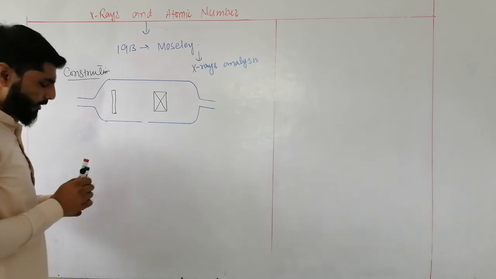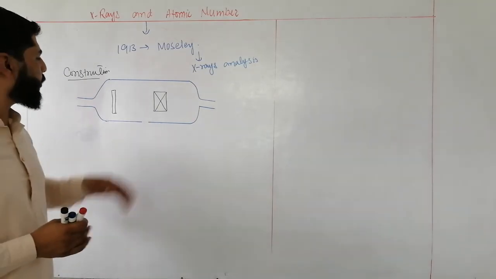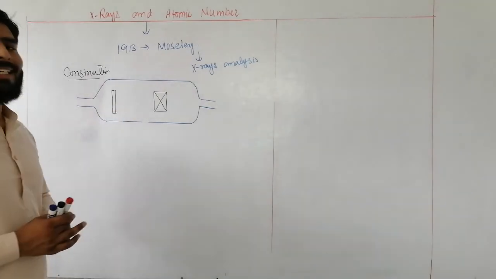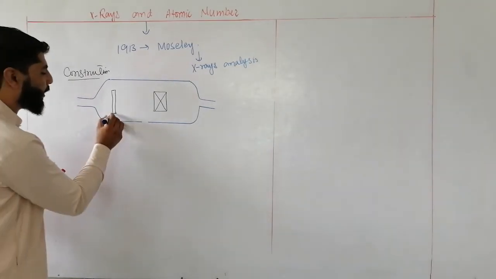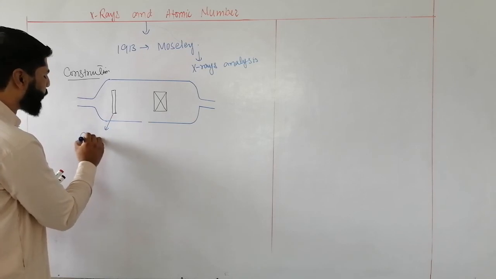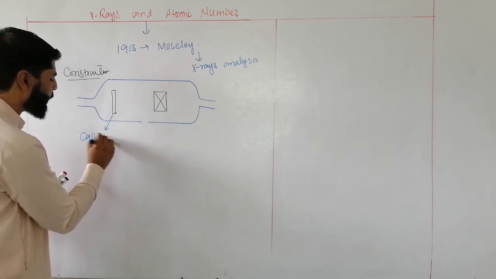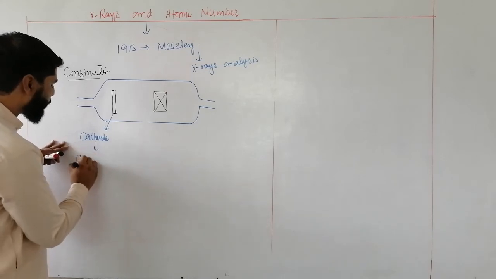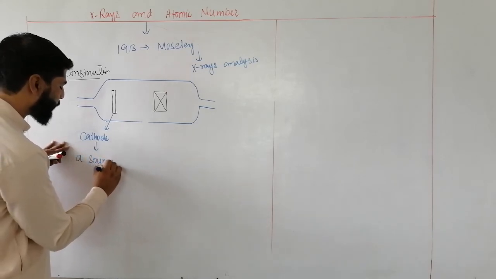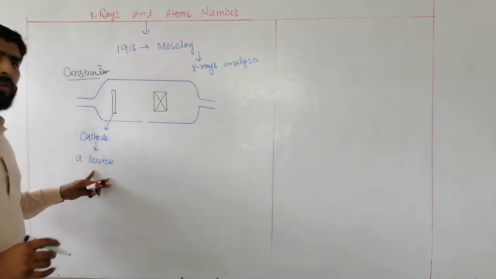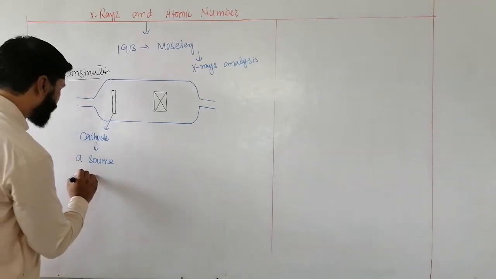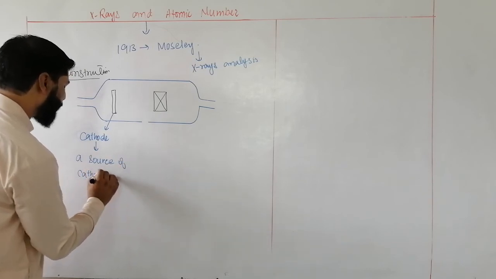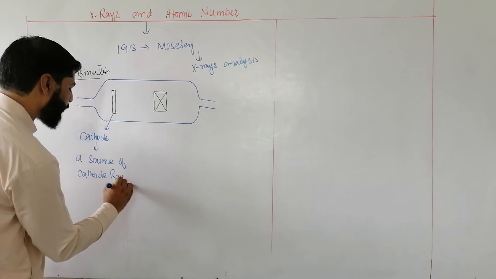As far as the construction of the X-ray tube is concerned, it consists of a cathode, which is a source of cathode rays.